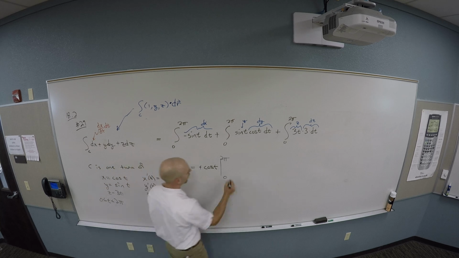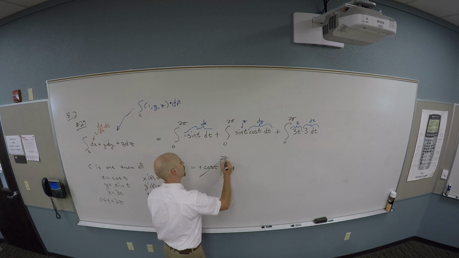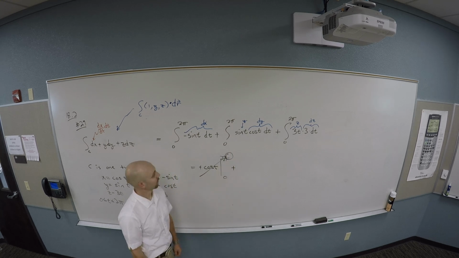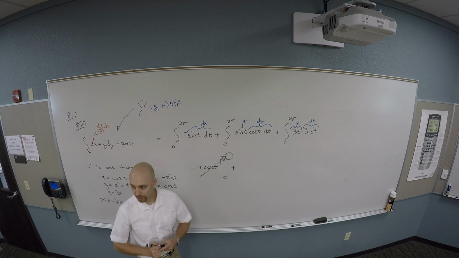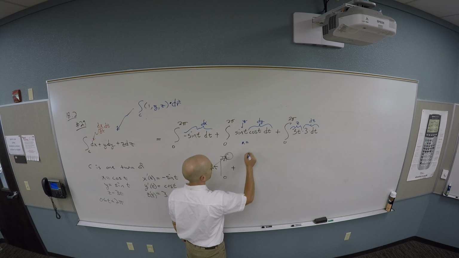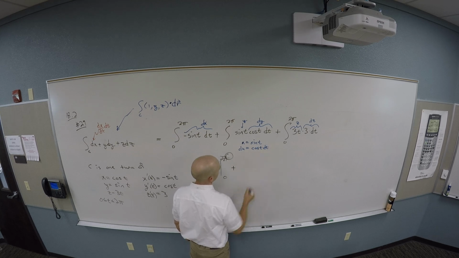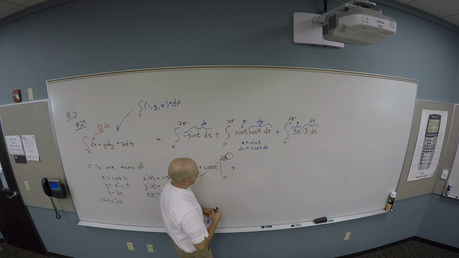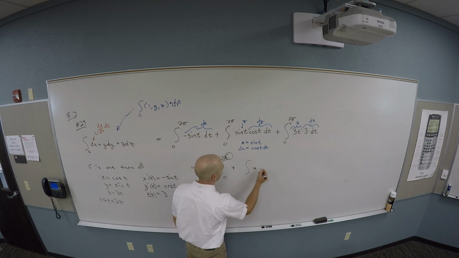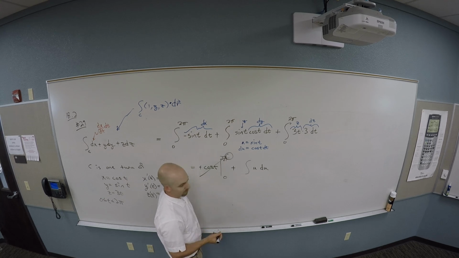And then what about this one? We're going to have to do a u-sub. Let u be sine t, and then du is cosine t dt. So I get the integral of u du, which is one half sine squared t.